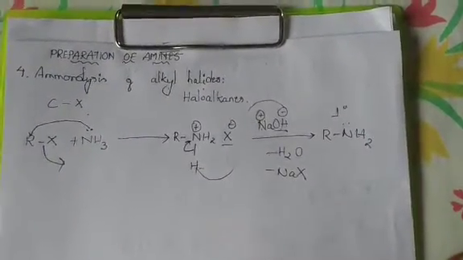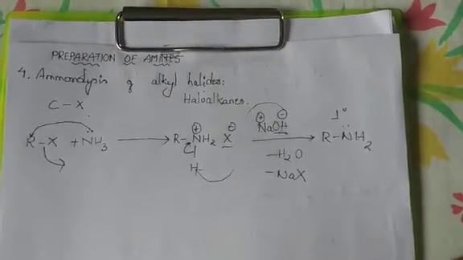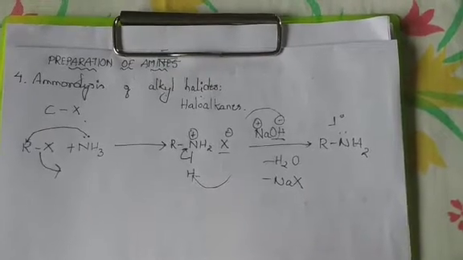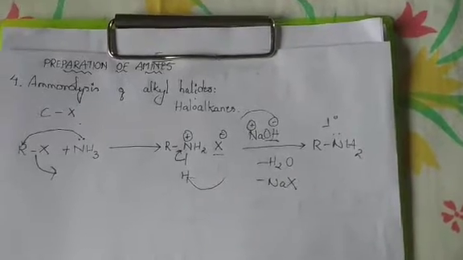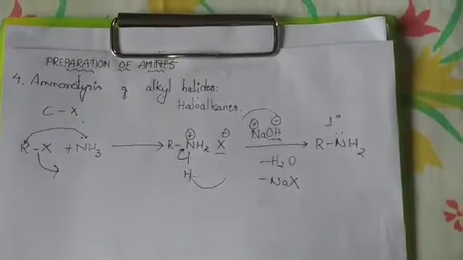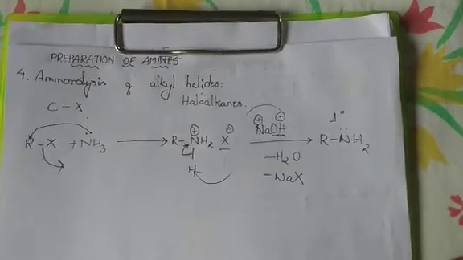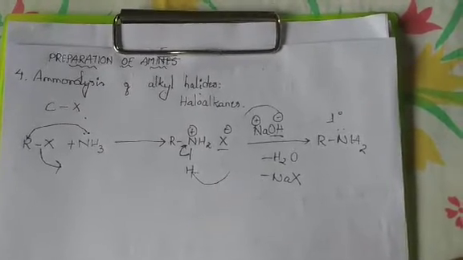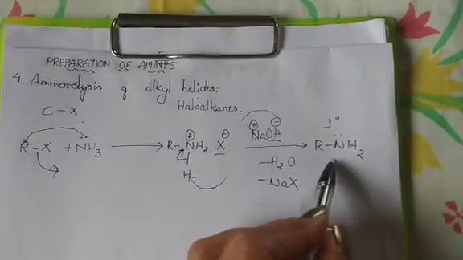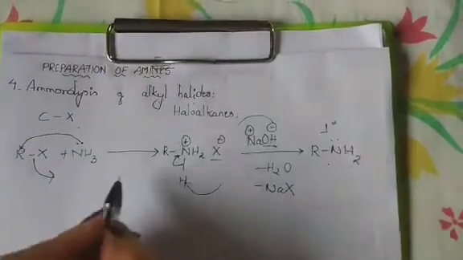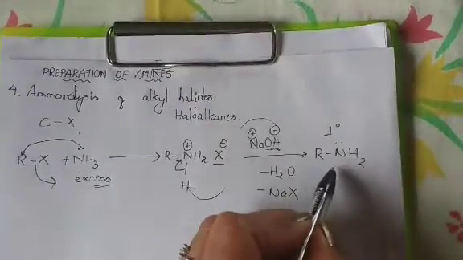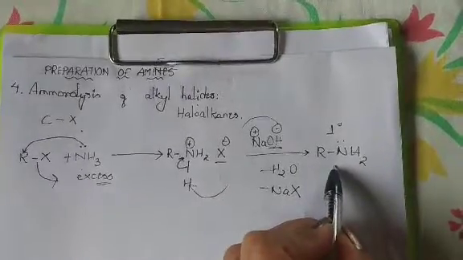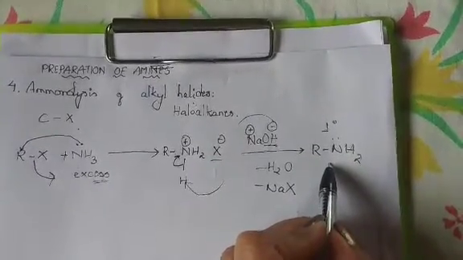Ammonolysis has one very big disadvantage: it yields a mixture of all the amines, that is primary, secondary, and tertiary amines, and also quaternary ammonium salts. However, it is noted that the primary amine is obtained as the major product only when we take a large excess of ammonia.